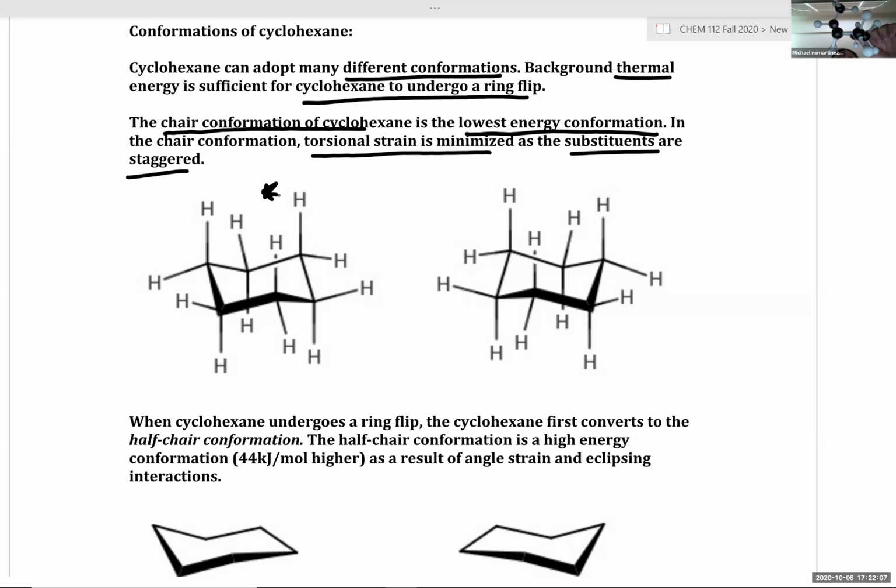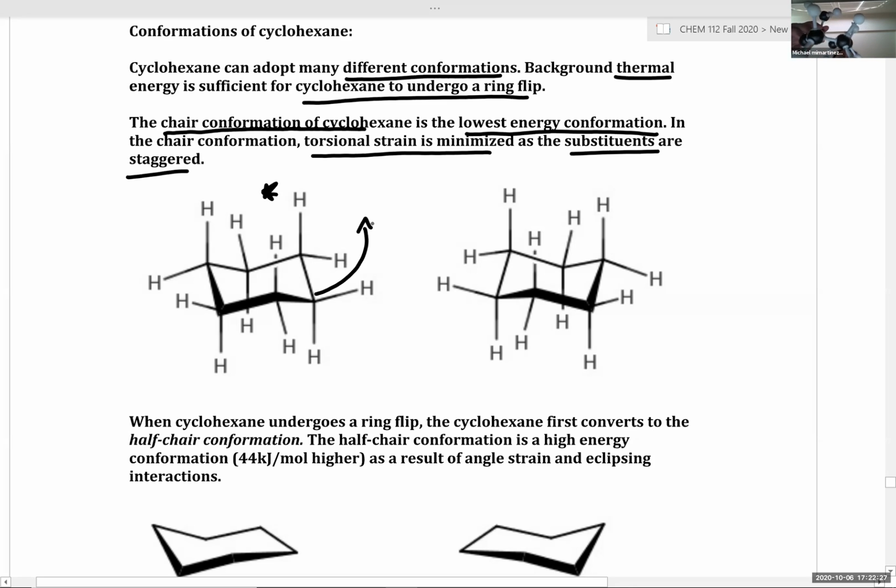And the half chair conformation looks something like this. So looking at it from a top-down perspective or in a side-on perspective, we notice something that's a little bit striking about our half chair conformation.